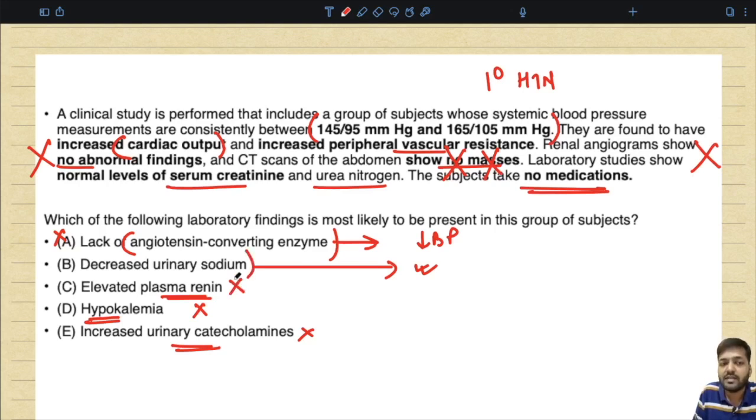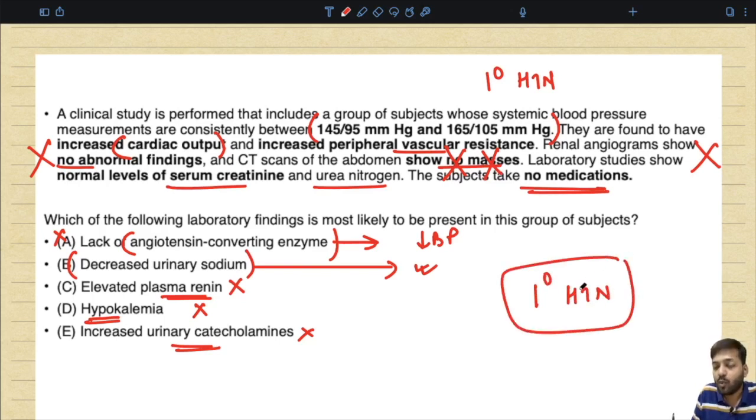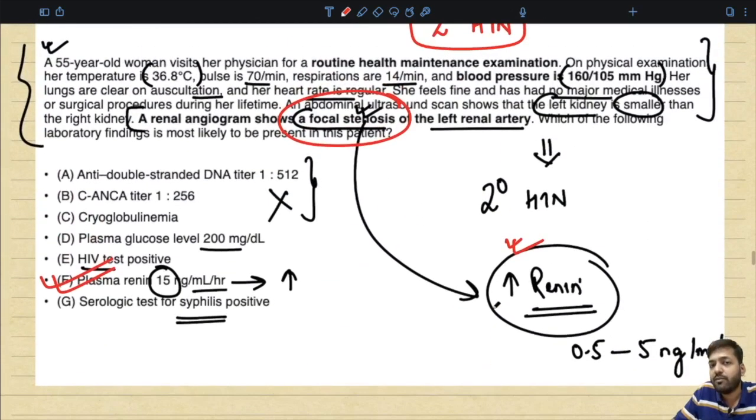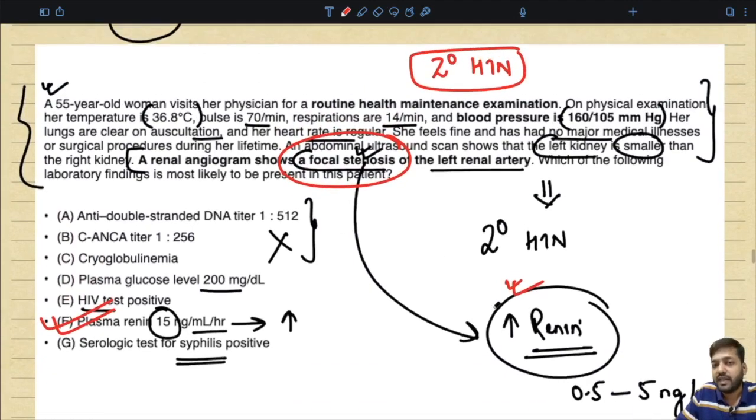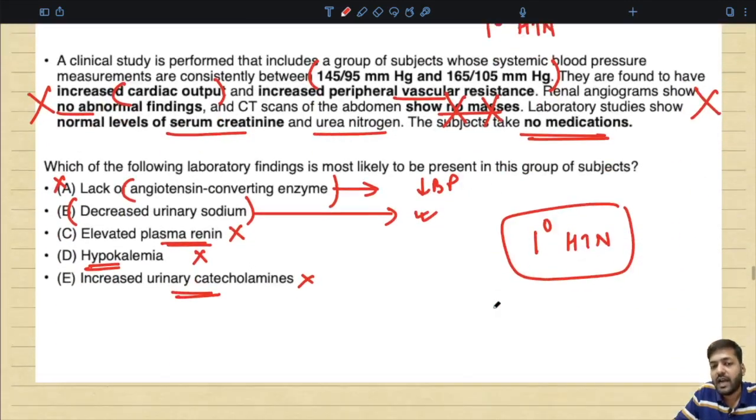So the ultimate answer will be decreased urinary sodium. So ultimately, what I want to tell you with this question is that this is a basic clinical scenario of primary hypertension. And the most important, initiating cause of essential hypertension is reduced urinary sodium, as we have already read about it. So these are two very important examples. One is of secondary hypertension, one is of primary hypertension.